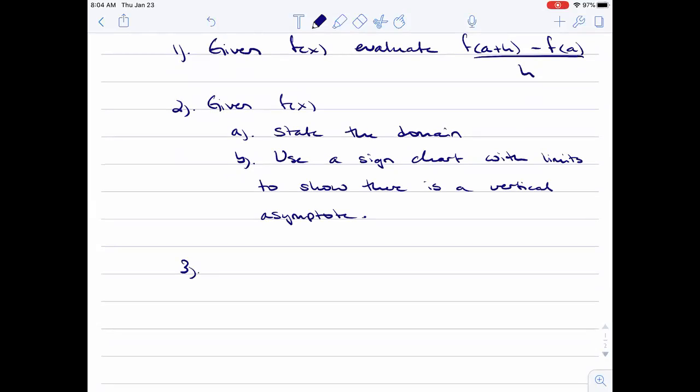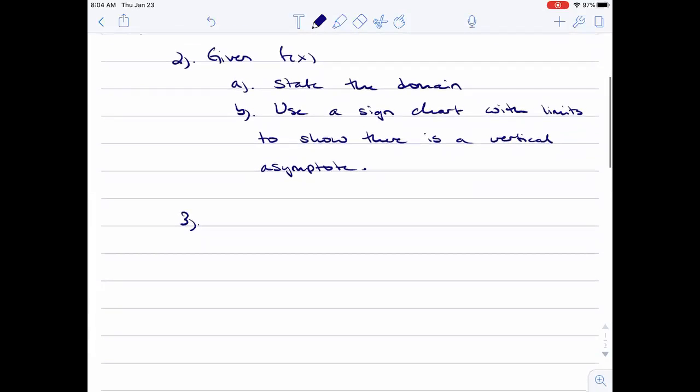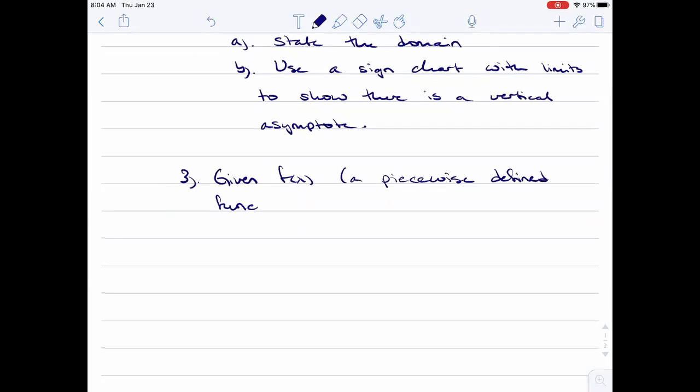Question 3. Given a function, this function is going to be a piecewise defined function, just a heads up. The first part of this is going to be to sketch the graph of this function.